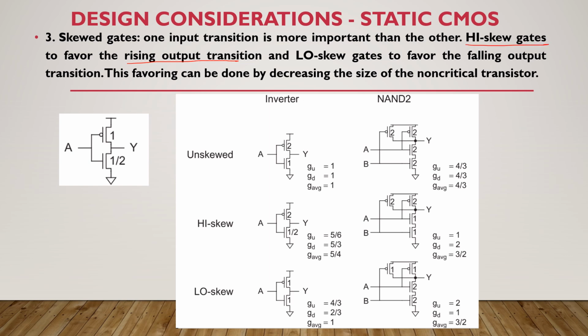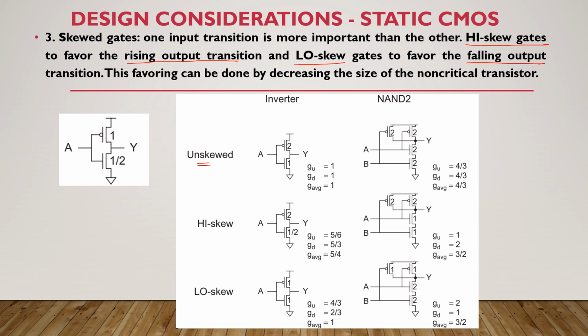Okay, if you want to favor the falling transition, we have to go for the low skewed gates. Unskewed gate means it won't favor any of the transitions, both transitions are equal. Okay, that is called unskewed gates.